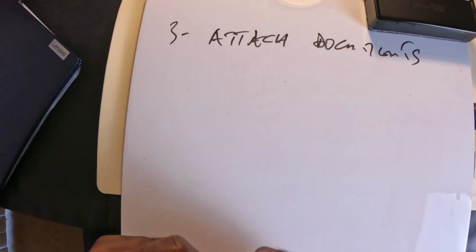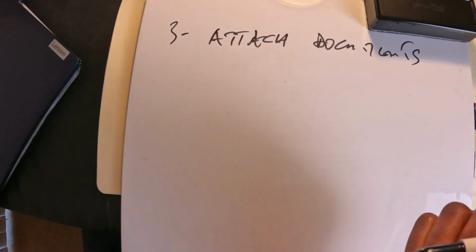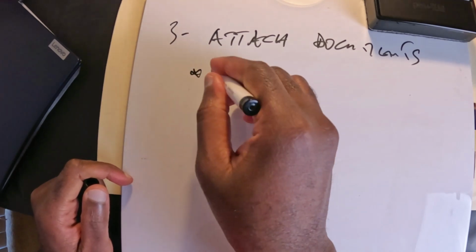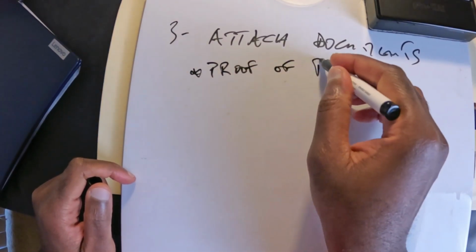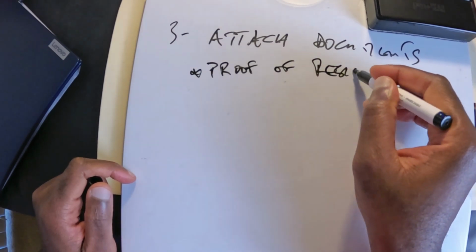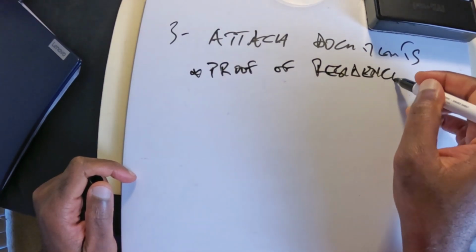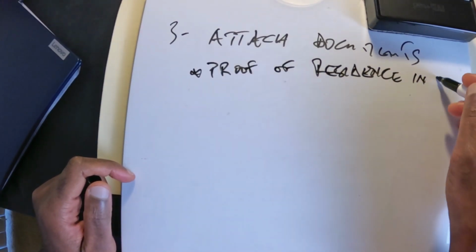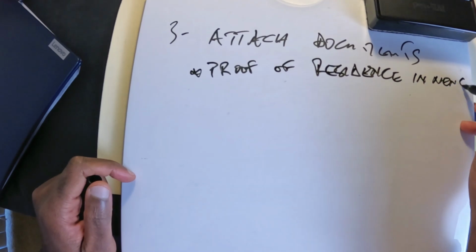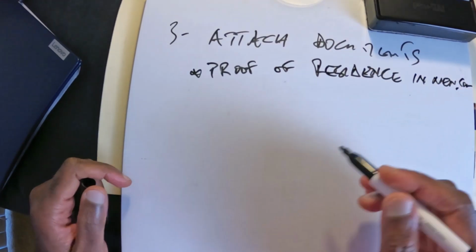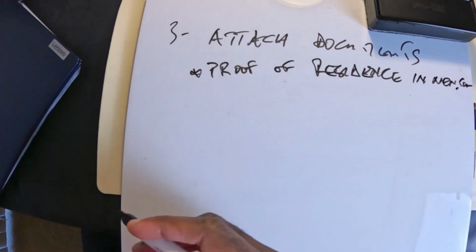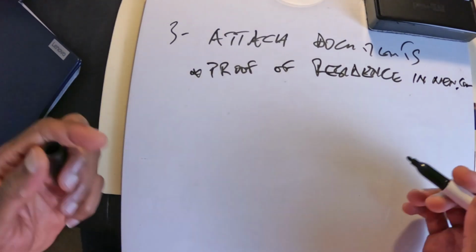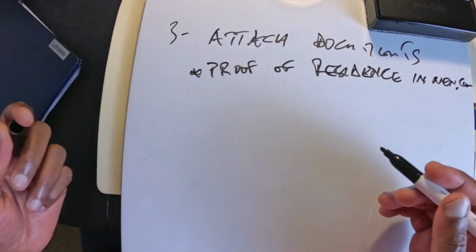You're going to provide some document, and some of those document can be proof of residence in the new country. Okay, so that's what is going to be one of the documents. So it can be like lease agreement, utility bills with your name and address and stuff like that.